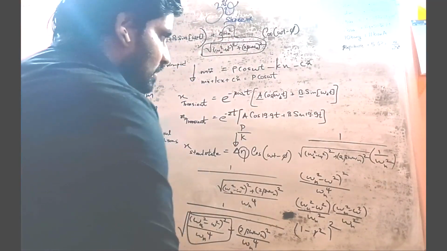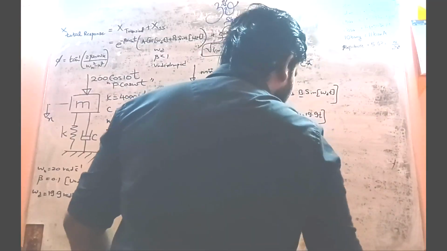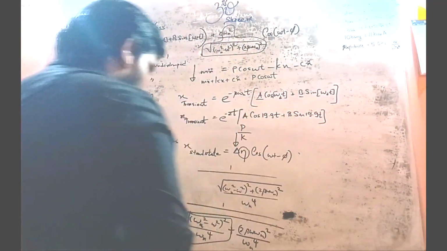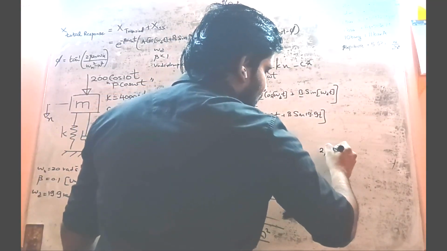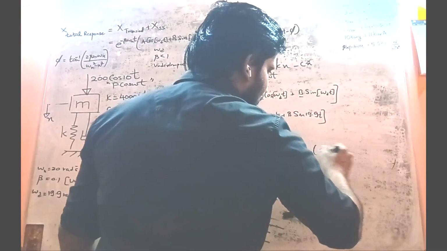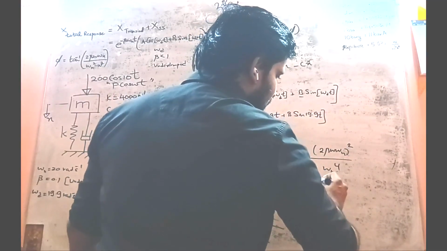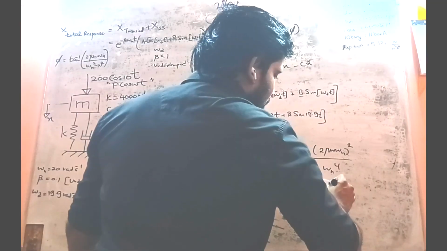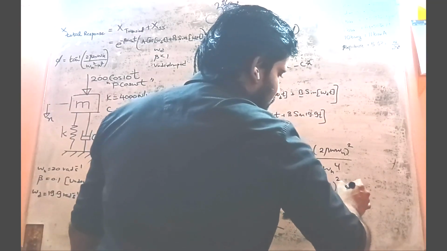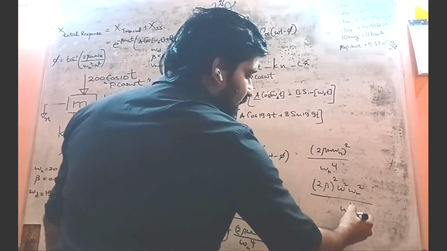Now the other part. I will erase this part because I need some space. What is that? 2 beta omega omega n, whole thing squared, divided by omega n to the power 4. So 2 beta, whole thing squared, omega squared omega n squared, divided by omega n to the power 4.